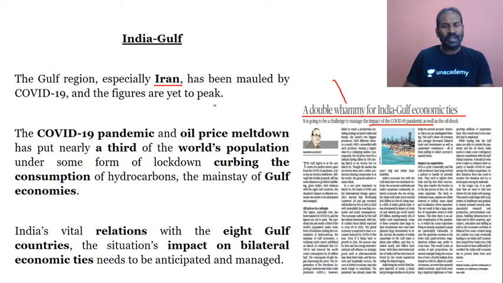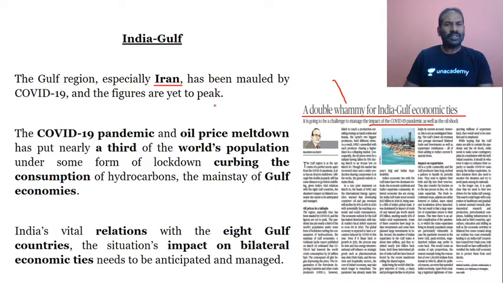But if you look at the second part, the economic crisis Iran is experiencing did not begin with the COVID-19 pandemic, it was there prior to COVID-19, when the US imposed economic sanctions on Iran after 2018, when US President Donald Trump pulled out of the Iran nuclear deal. I explained this last class.